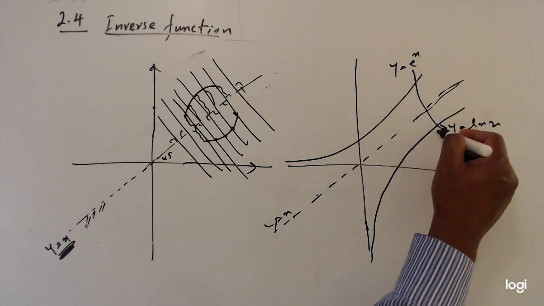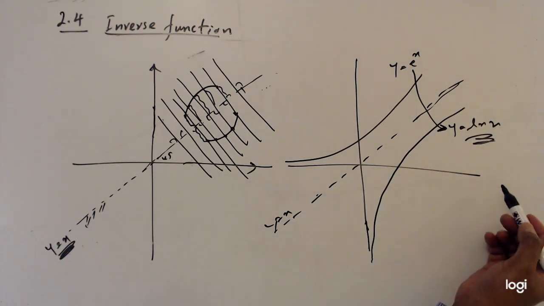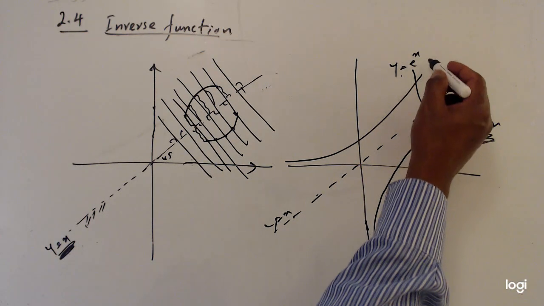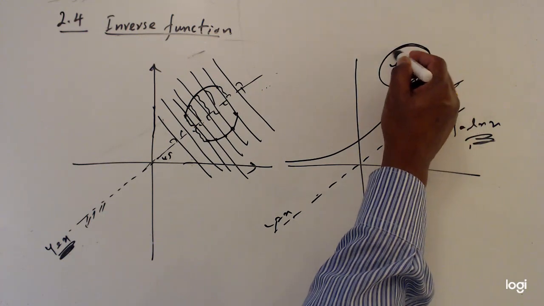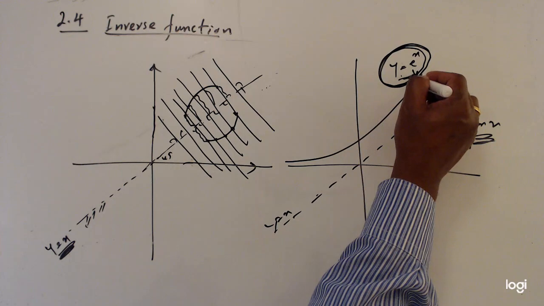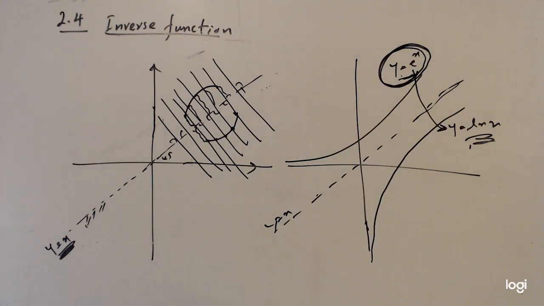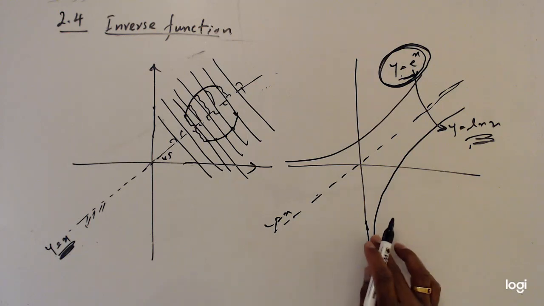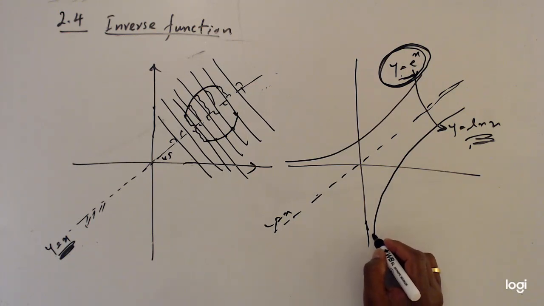This is the function, and this is the inverse function. Basically, everybody should know that the inverse function of e to the x is ln x. So it's going to be like this.